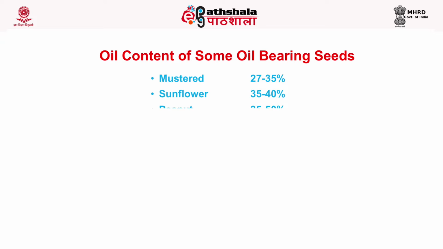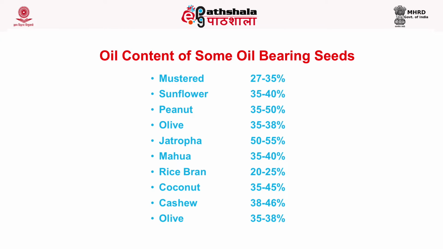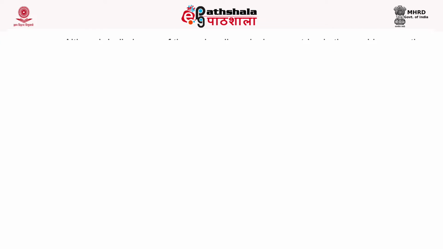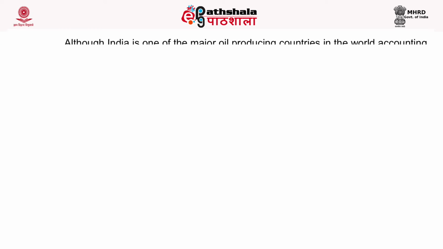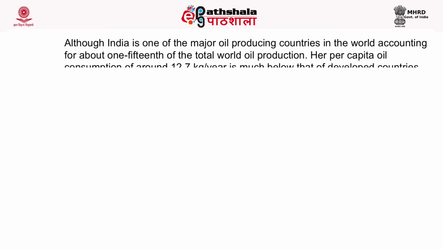Now this slide shows the oil content of some of the important seeds like mustard, sunflower, peanut, olive oil, etc. Now let us discuss the production statistics of vegetable oil in the country. India is one of the major oil producing countries in the world, accounting for about 1/15 of the total production of vegetable oil.